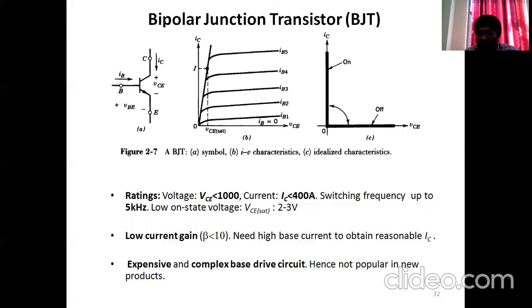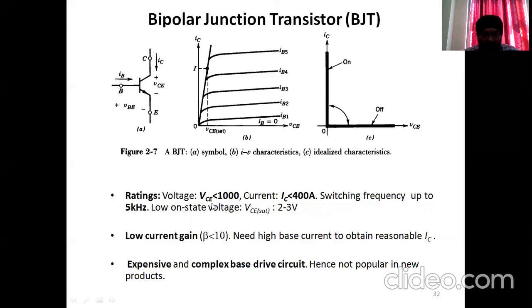If in on state the voltage is 0, power loss is 0 during on state. Conduction loss is 0. During off state, we only have a voltage, so current is 0. Again, power loss is 0. So during off state, no leakage losses, nothing, only 0 power loss. So in an ideal switch, power loss is 0 whether it is conducting or not conducting, whether it's in saturation or in cutoff. Ideally, this is the characteristics in figure B.